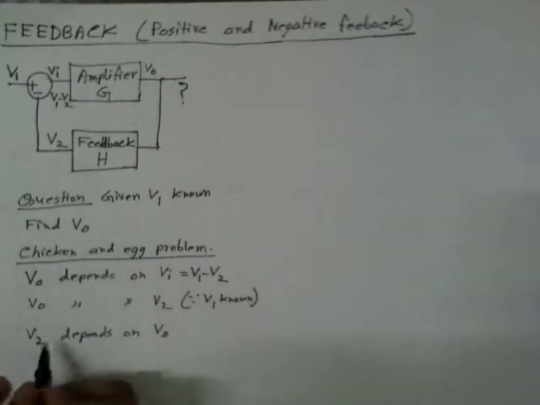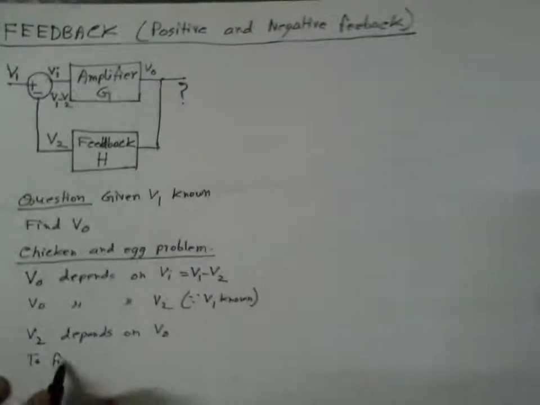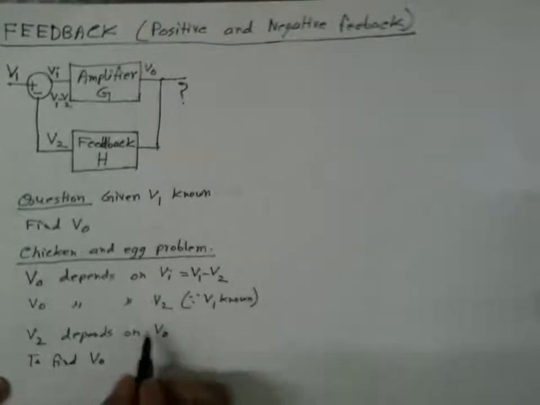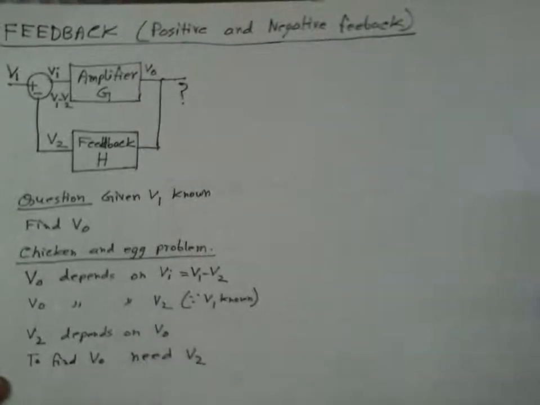So to find Vo, we need V2, and to find V2 we need Vo.